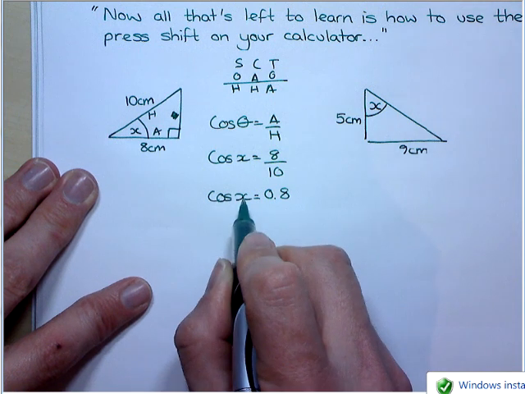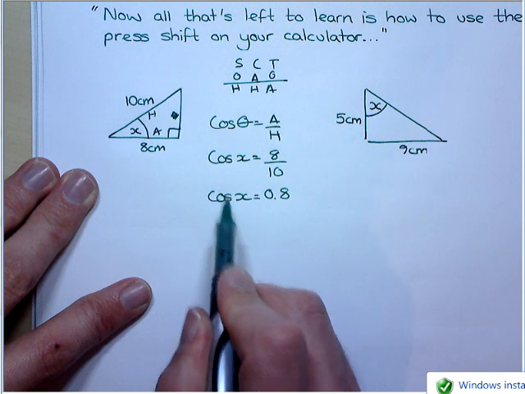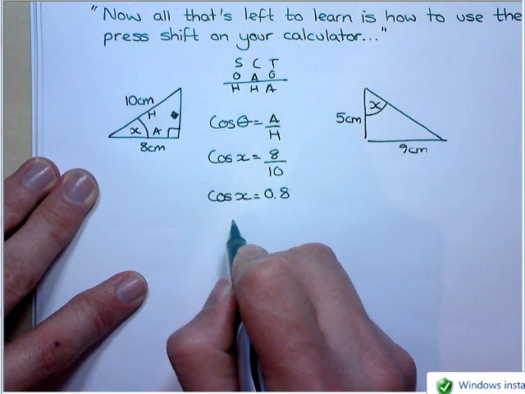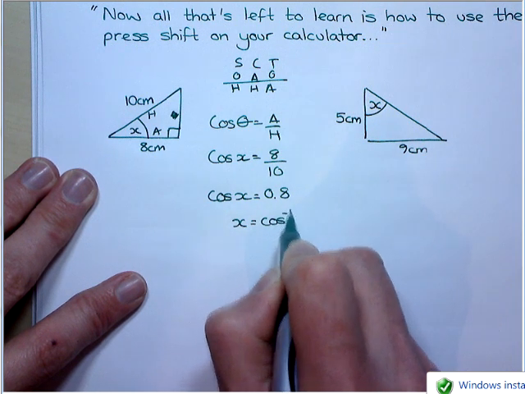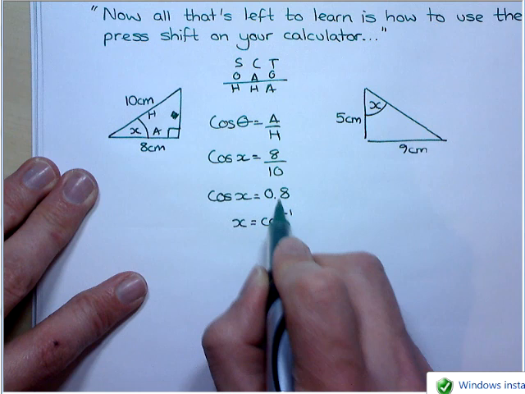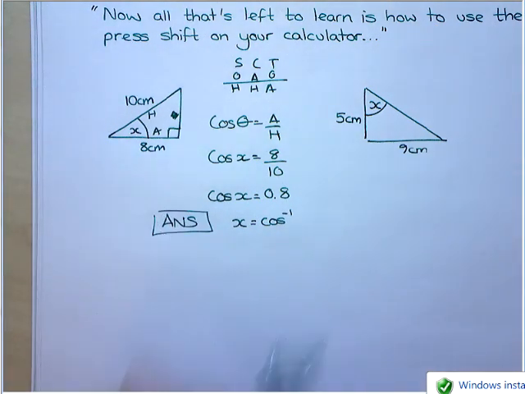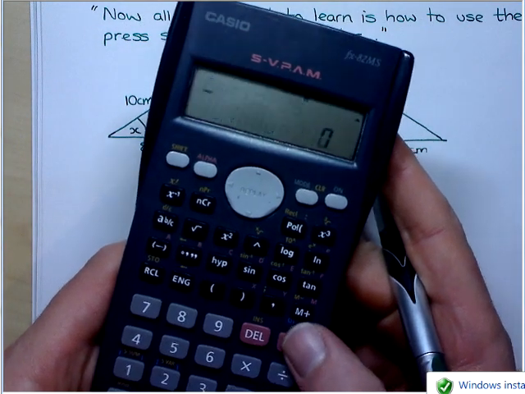Now to find the angle, we need to get x on its own, so we need to remove this cos. To remove something, you always do the inverse, and the inverse of cos is when you press shift cos, and you'll see it appear like that on your screen. Now I use this button, the ANS button, which is next to the equals on every calculator, and what that will simply do is remember your previous answer.